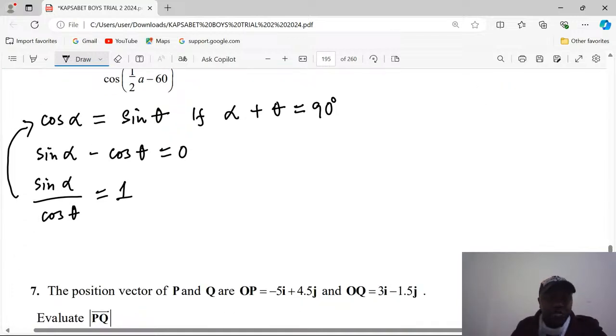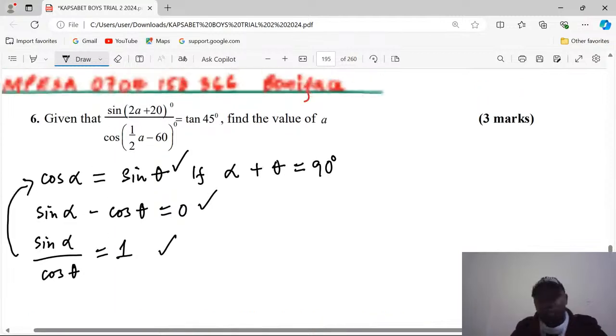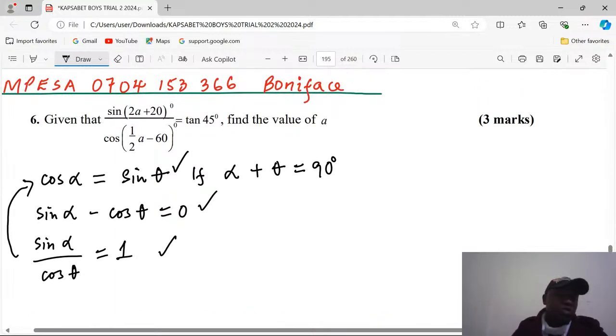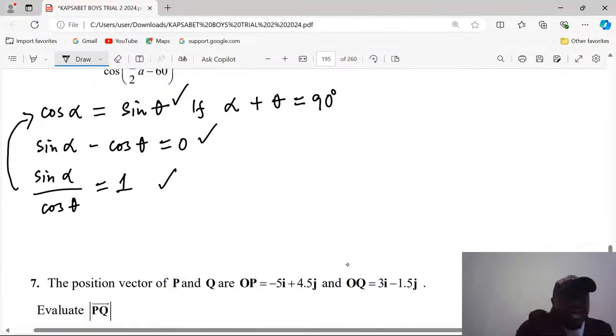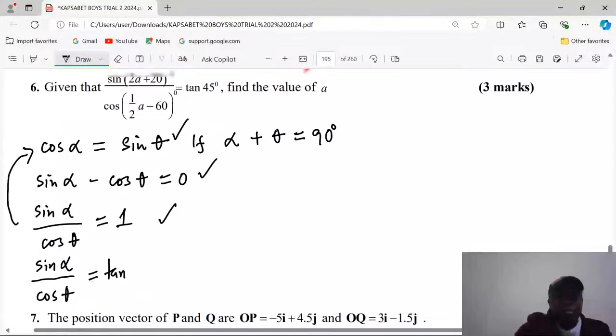Now, this third format of setting the same concept has been taken to a higher level, whereby students are supposed to know that the tangent of 45 equals 1. So when we are saying sine alpha divided by the cosine of beta equals the tan of 45 degrees, then people should know that tan 45 is usually equal to 1.